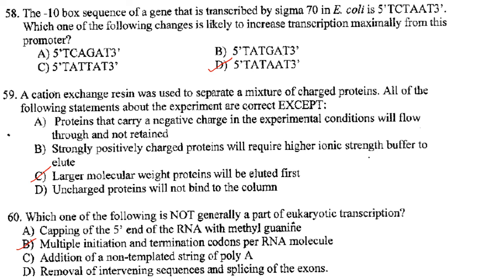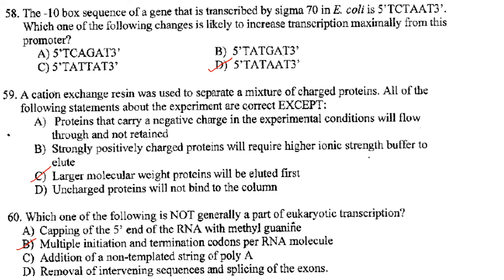A cation exchange resin was used to separate a mixture of charged proteins. All of the following statements about the experiment are correct except: proteins that carry negative charge in the experimental condition will flow through and are not retained; strongly positive charged proteins will require higher ionic strength buffer to elute; larger molecular weight proteins will be eluted first; and uncharged proteins will not bind to the column.